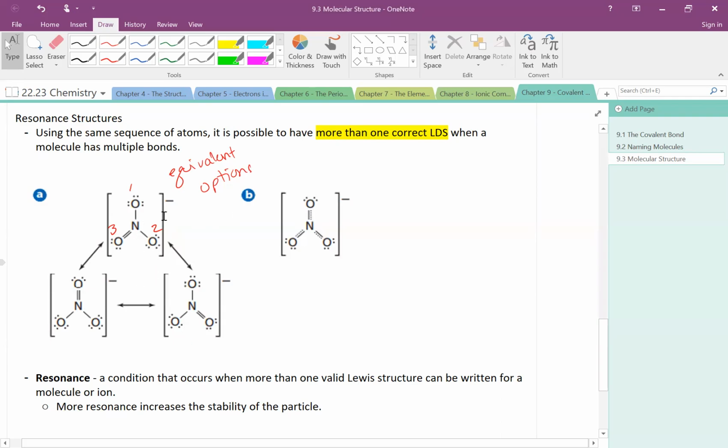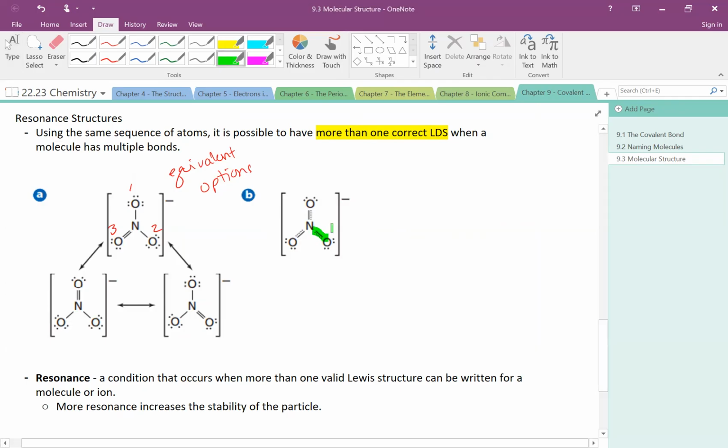And when that is the case, we get what's called resonance, where the electron is actually constantly shifting around in these bonds. And so instead of having 1 double bond and 2 single bonds, you have a constantly flowing electron distribution where you have some double bond properties for all of the bonds between nitrogen and oxygen. And experimental evidence for this is actually pretty strong.